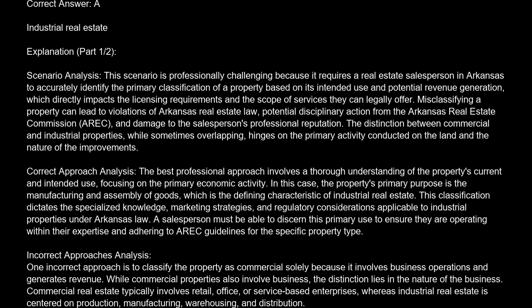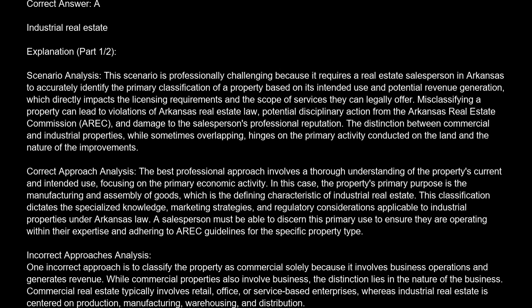The distinction between commercial and industrial properties, while sometimes overlapping, hinges on the primary activity conducted on the land and the nature of the improvements. Correct approach analysis. The best professional approach involves a thorough understanding of the property's current and intended use, focusing on the primary economic activity.